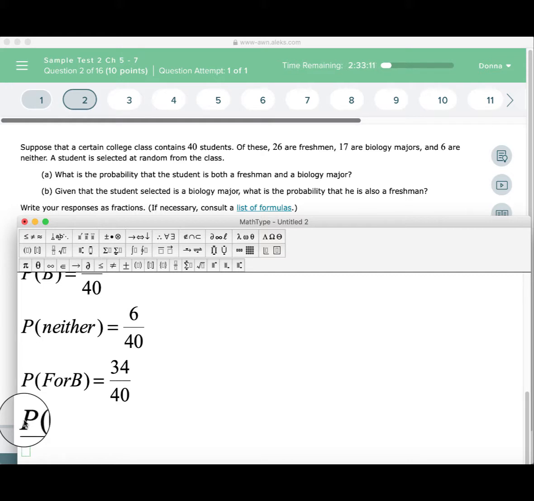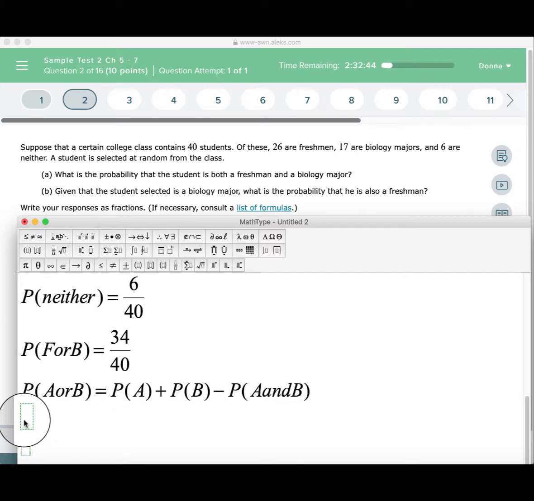So we know that the probability of A or B is equal to the probability of A plus the probability of B minus the probability of A and B. On ALEKS, they use the notation for A or B, and they use the union symbol.